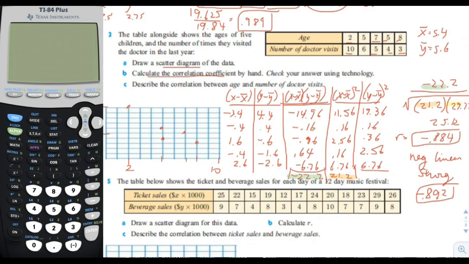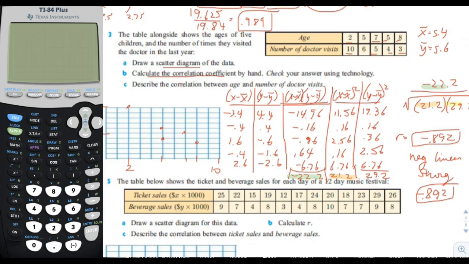This added up together was supposed to be 29.2. So the yellow one is 29.2, not 29.77. And as a result, we get exactly what the calculator should give us, which is negative 0.892.